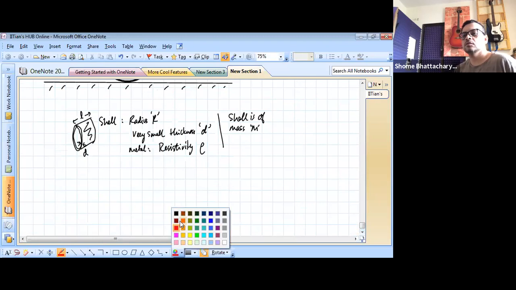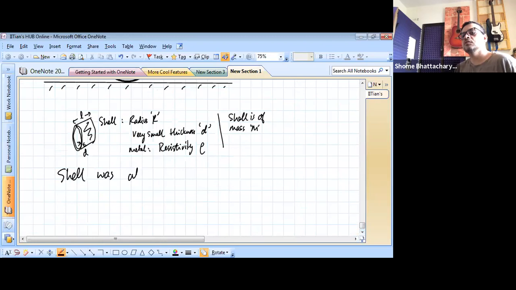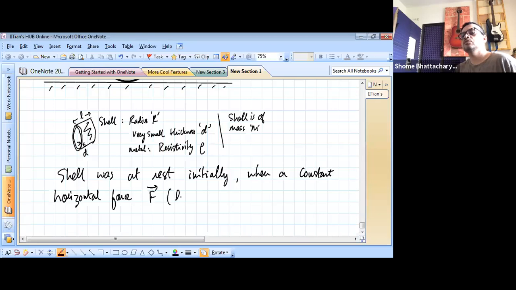So the shell was at rest initially when a constant horizontal force F, whose line of action is through the center of mass C, starts acting.